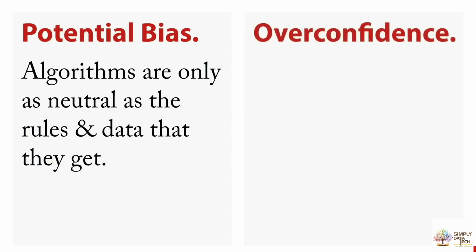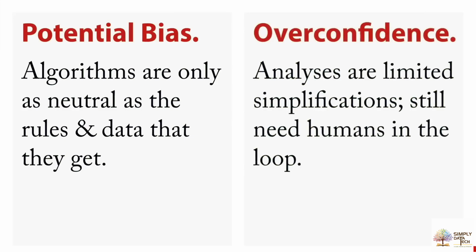Another issue is overconfidence. The idea here is that analyses are limited simplifications. They have to be. That's just what they are. And because of this, you still need humans in the loop to help interpret and apply this. The problem is when people run an algorithm, get out a number, say to 10 decimal places, and say this must be true and treat it as written in stone, absolutely unshakable truth.